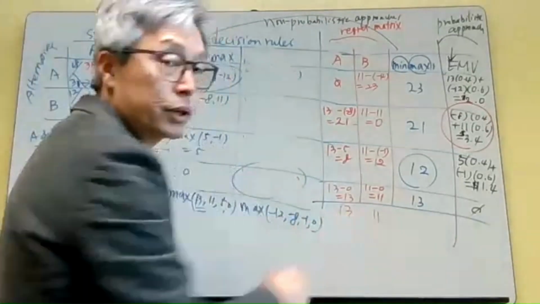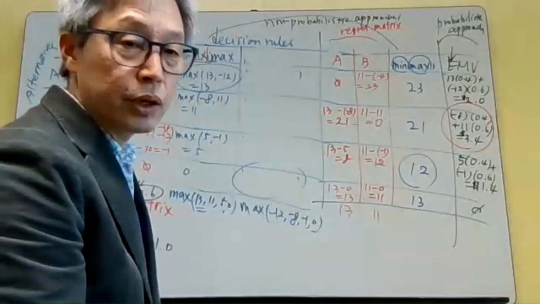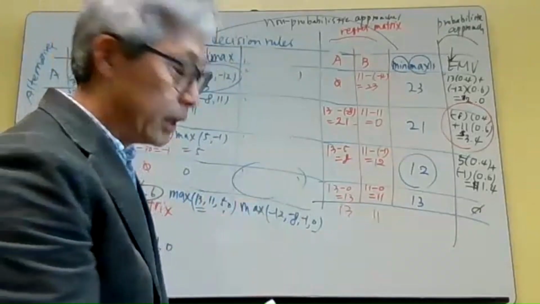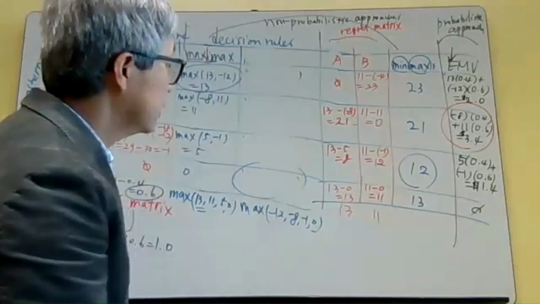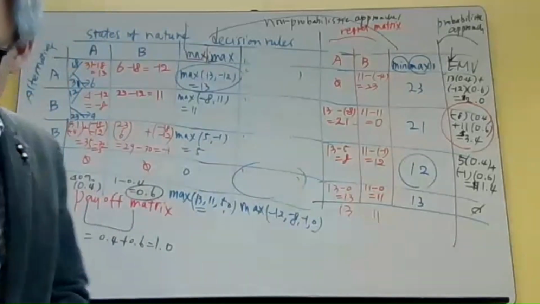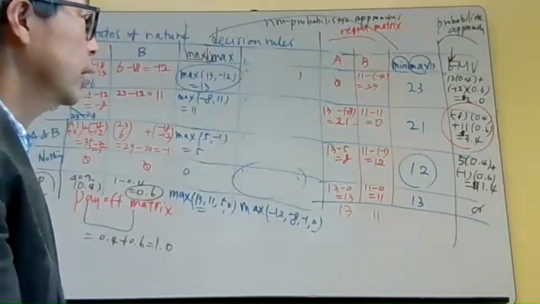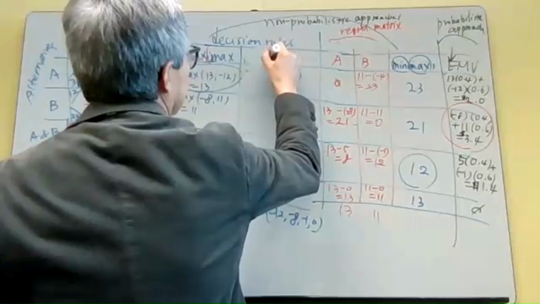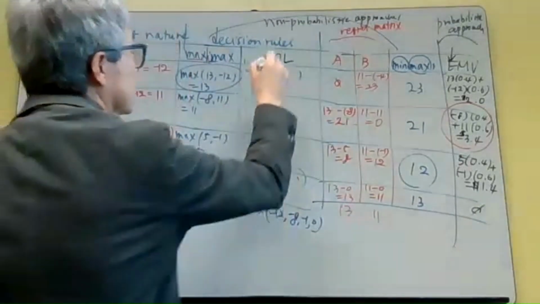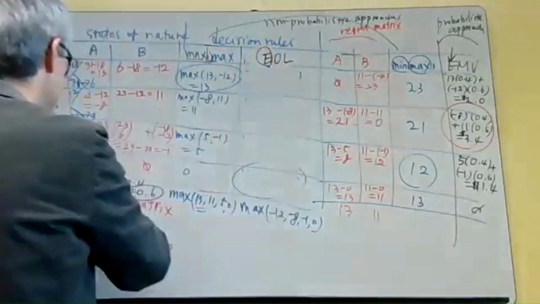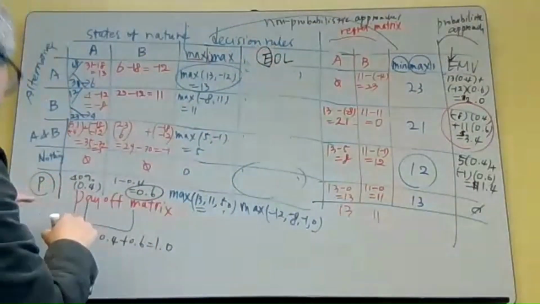Using this regret matrix, we're going to calculate expected opportunity loss. Let's use this black pen. Because we use expected, we're going to use probability.